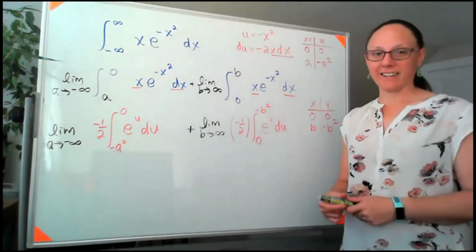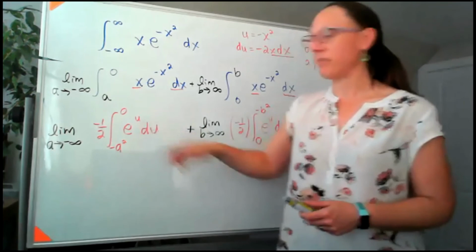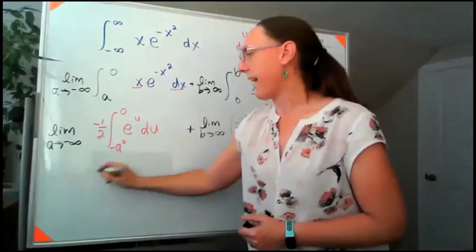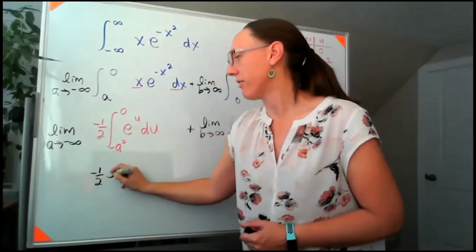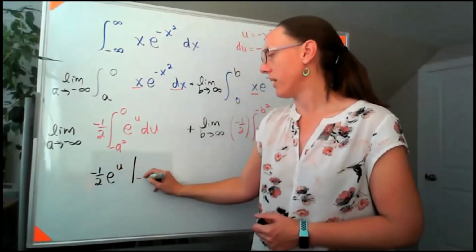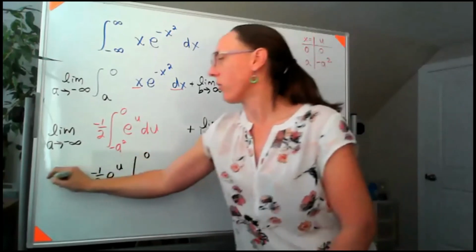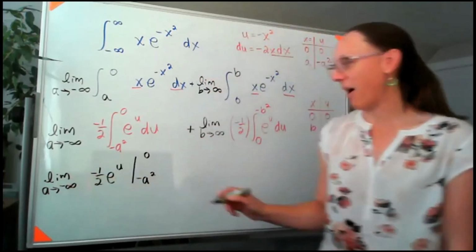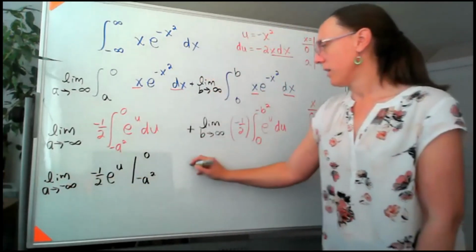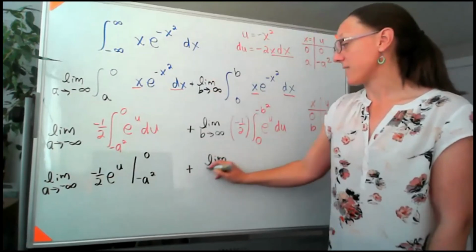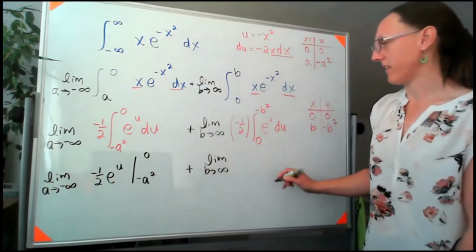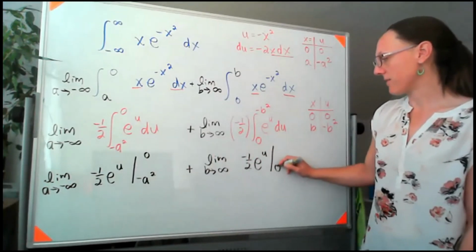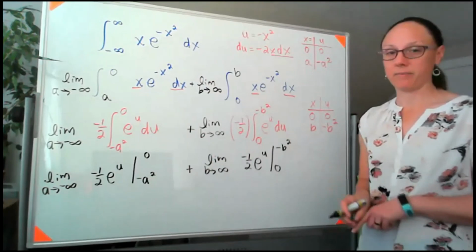Now we're ready to find that antiderivative. Well, the antiderivative of e to the u is e to the u. Keeping that negative 1/2, I'll have negative 1/2 e to the u from negative a squared to 0. And I've still got that limit as a approaches negative infinity out in front, plus that limit as b approaches positive infinity of negative 1/2 e to the u from 0 to negative b squared.